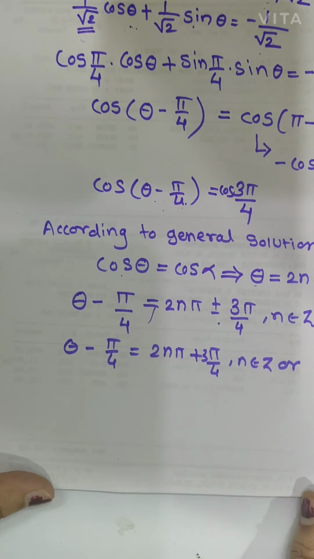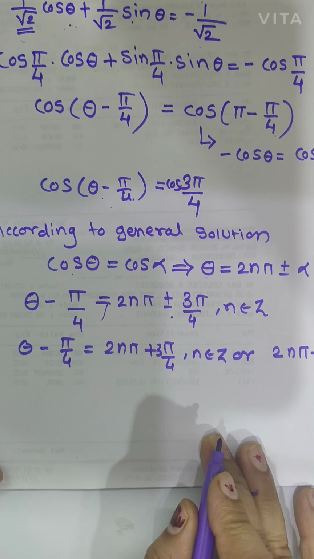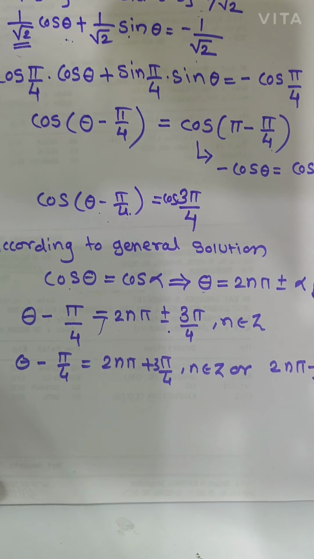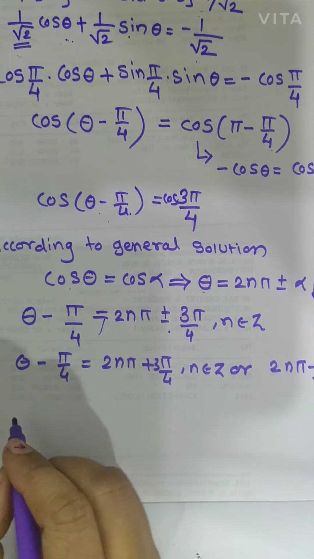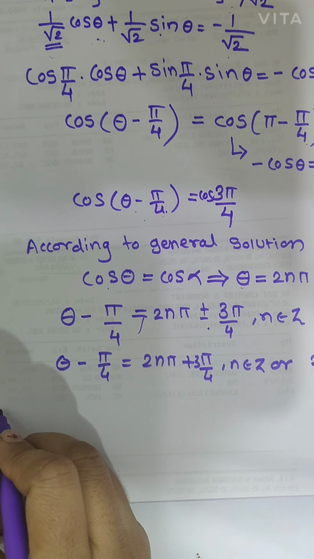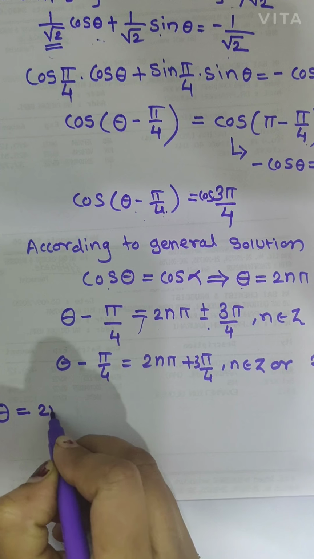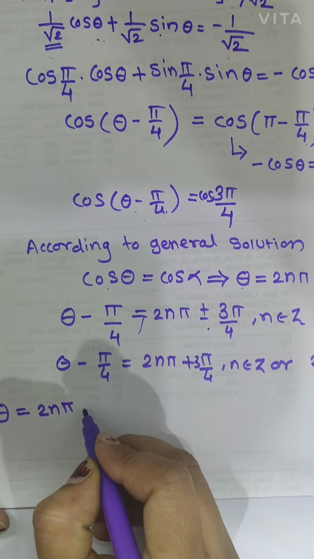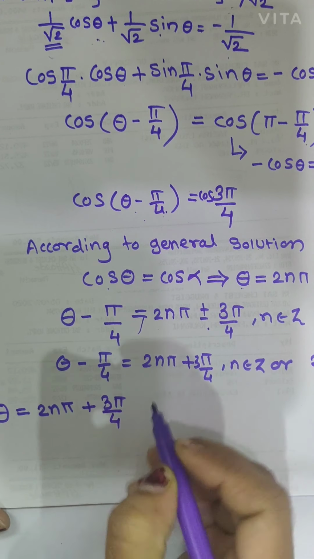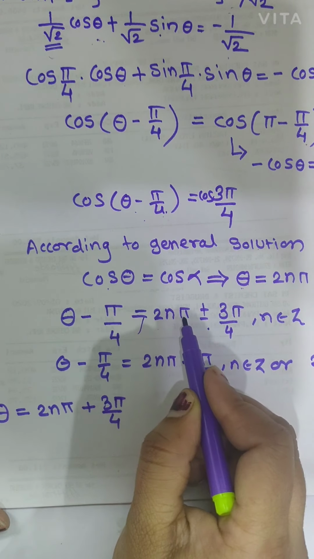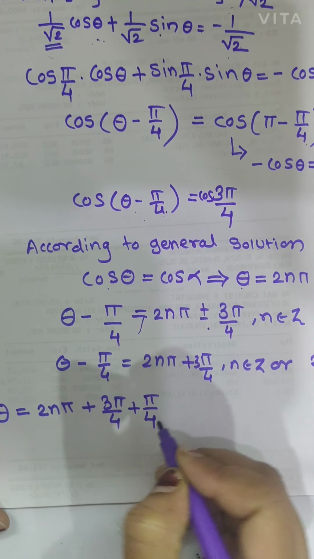Okay, now next, we have this pi by 4 with minus, so take it to the right hand side: 2n pi plus 3 pi by 4, plus pi by 4.